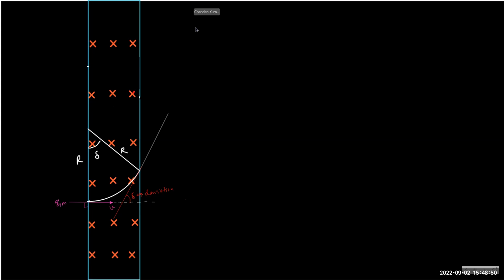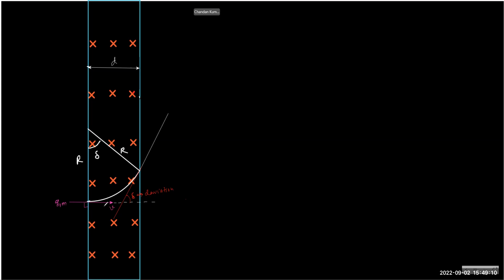And what they give is the separation. Okay, so can you find the delta? Because velocity is given.